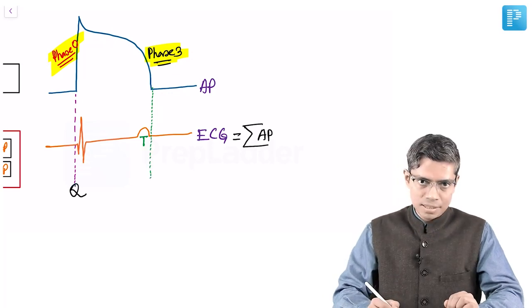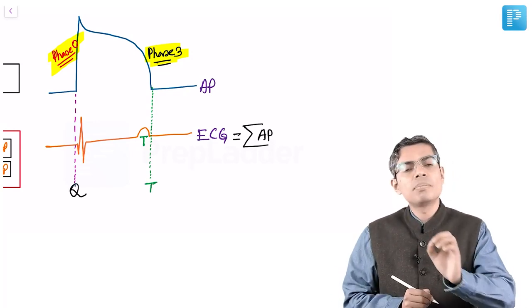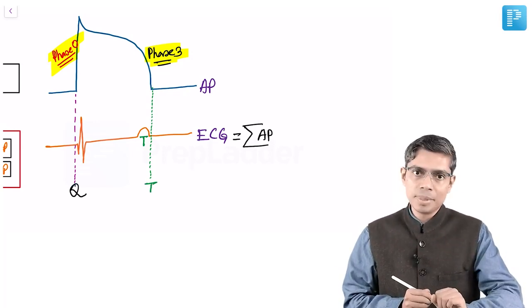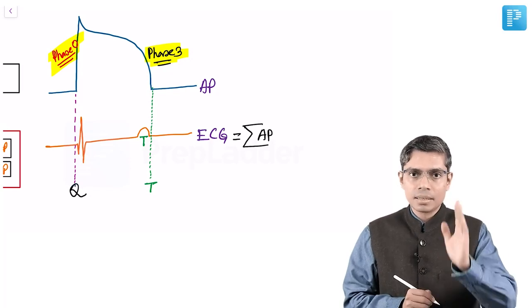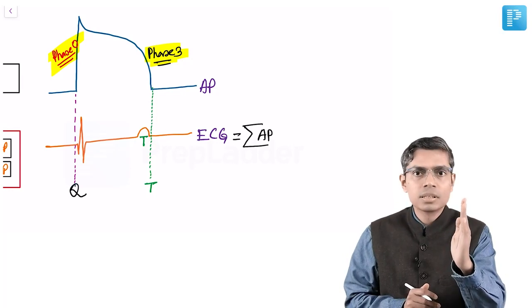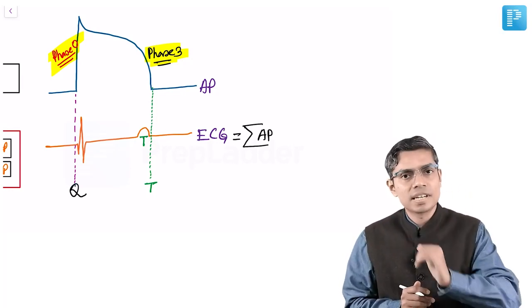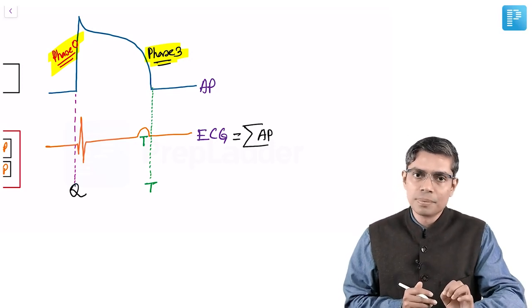Answer is yes. So this corresponds with the end of the T wave. That means phase 0 in the action potential coincides with the QRS complex onset, and the end of phase 3 coincides with the end of the T wave.